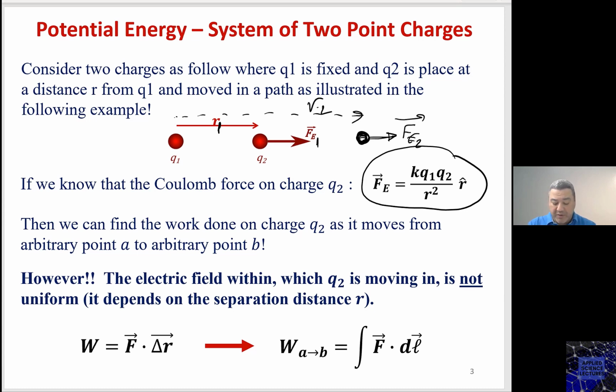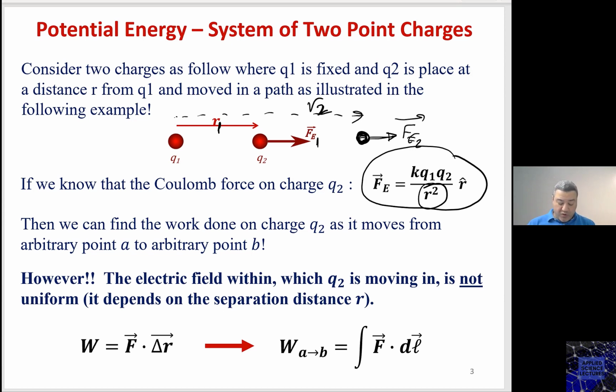What does this mean? This means that this force is not going to be a constant force. The force is not uniform. Why? Because the electric field generated by Q1 is not uniform. It varies inversely proportional to the square of the distance in between. So in this case, what do we do if we want to calculate the work?